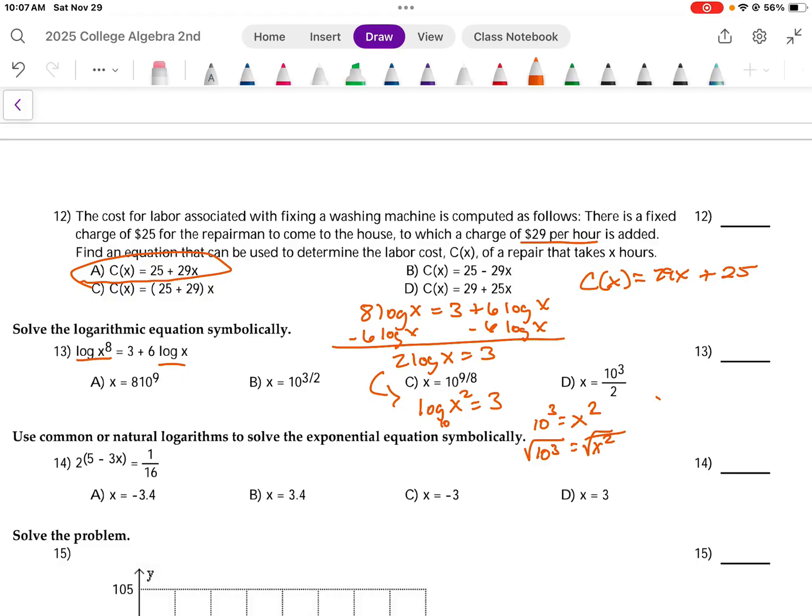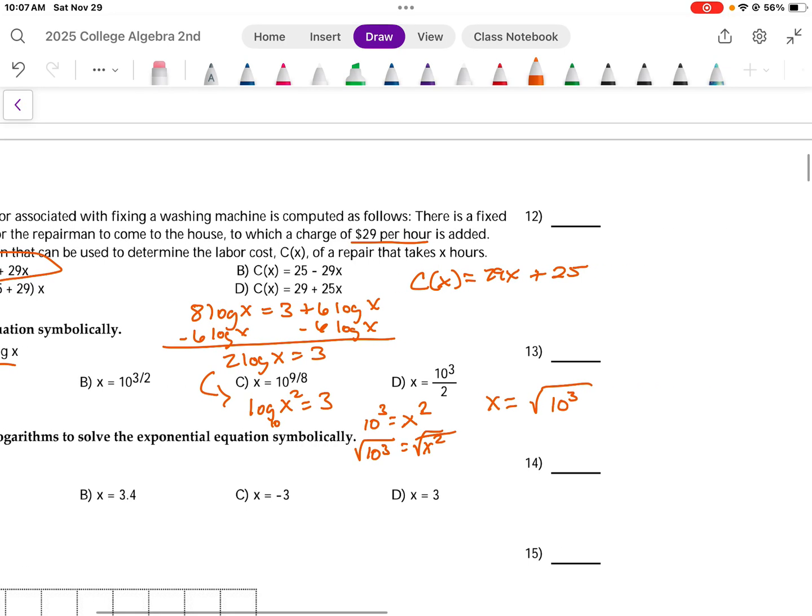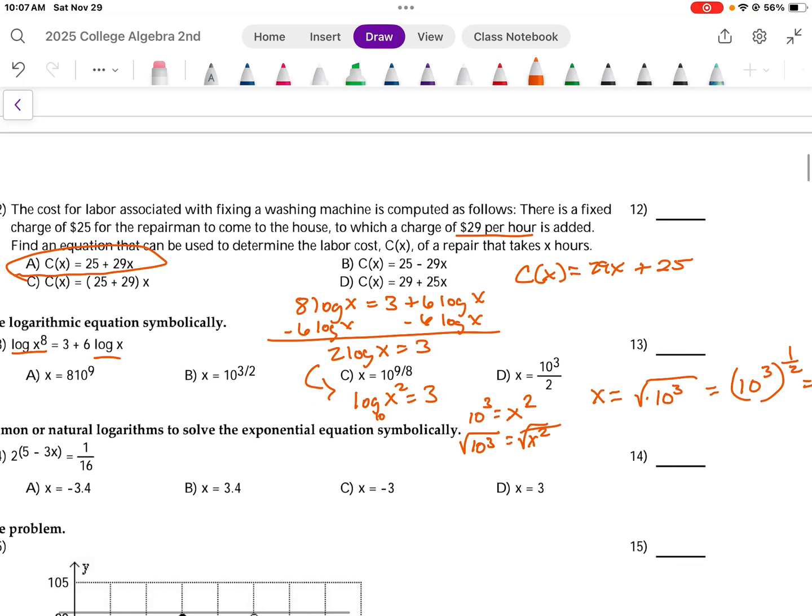Now, I don't see that answer listed, so I have to think about it. If I take the square root of something, it's like raising it to the 1/2 power. So that can be rewritten as 10 cubed to the 1/2. Then I can use the power to a power law and say this is 10 to the 3/2. And my answer is B.